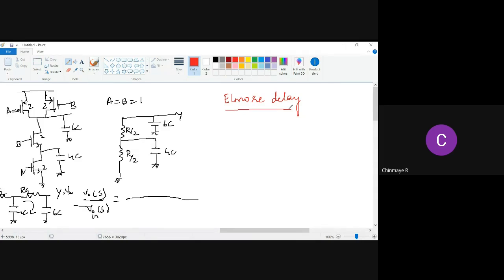We don't derive this, how we calculate it, but we should know how to use this to calculate the delay of other circuits. I'll just take a small example and then we'll work it out. This can be used whenever you have an RC network with no loops.